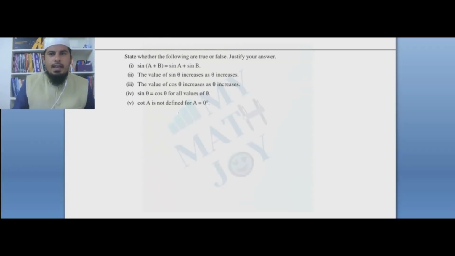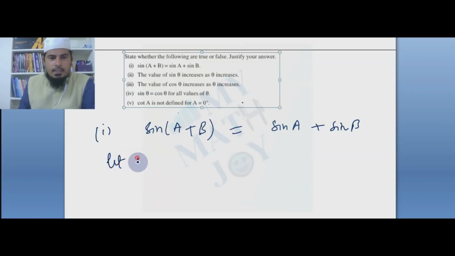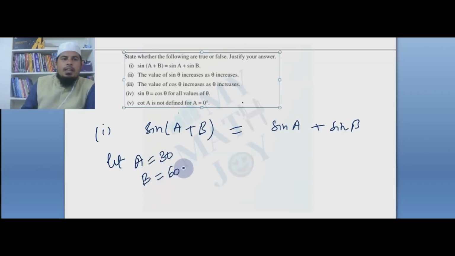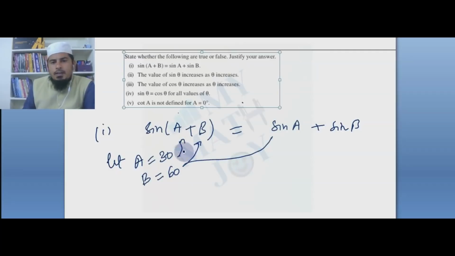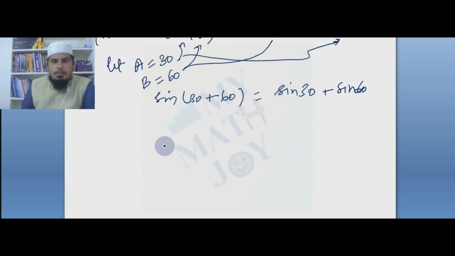Let a be 30 and b be 60 degrees, and check whether LHS and RHS are equal. Sine of 30 plus 60 is sine 90, and its value is 1.